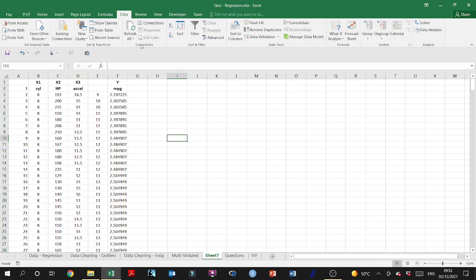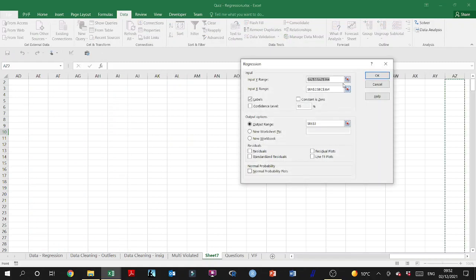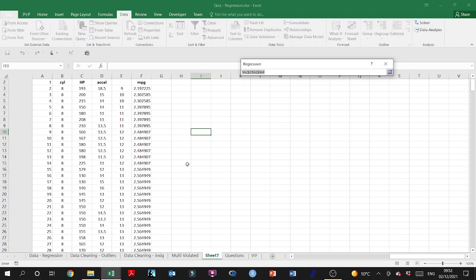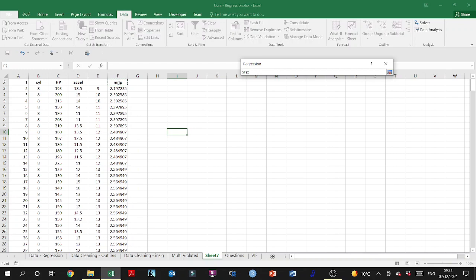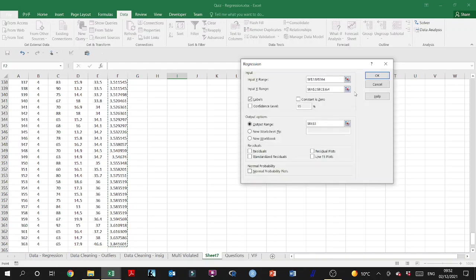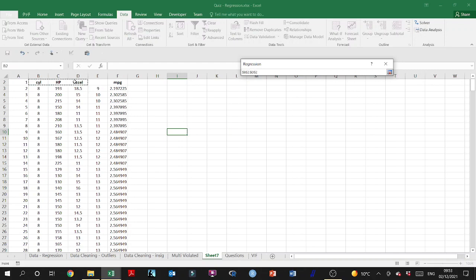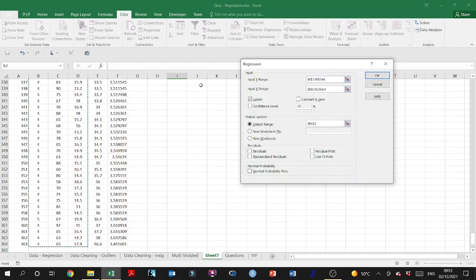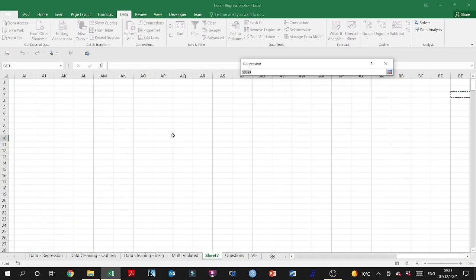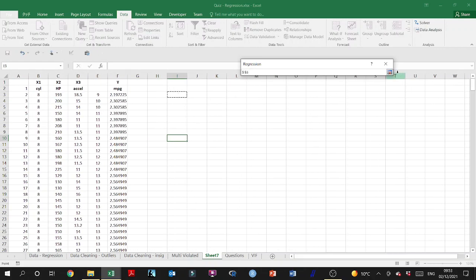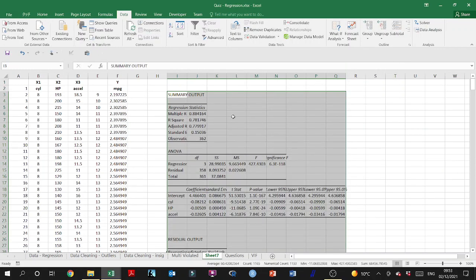So here's delete, and let's start with the data analysis, regression. So here, let's make sure that we have a very good model. It doesn't have multicollinearity, and here are the variables. We need the residuals. This, okay.